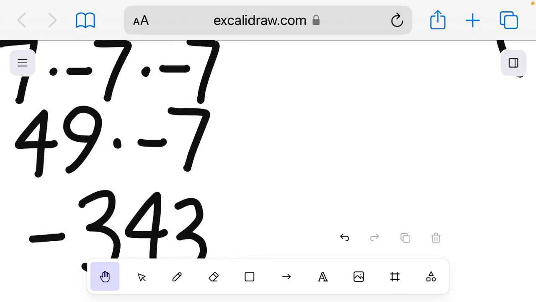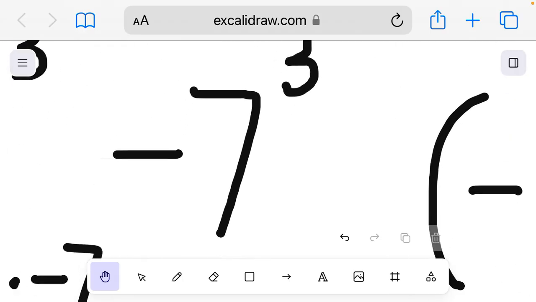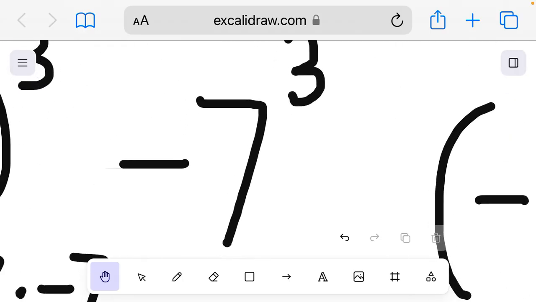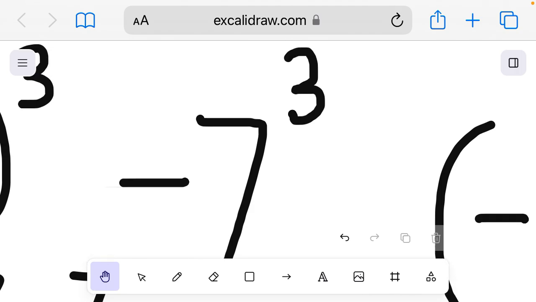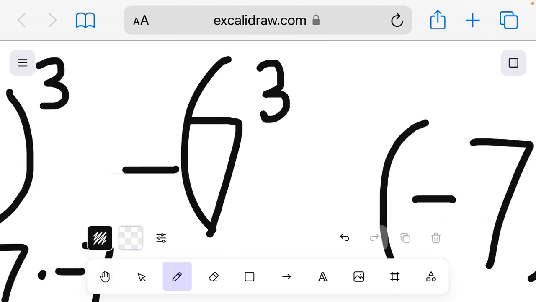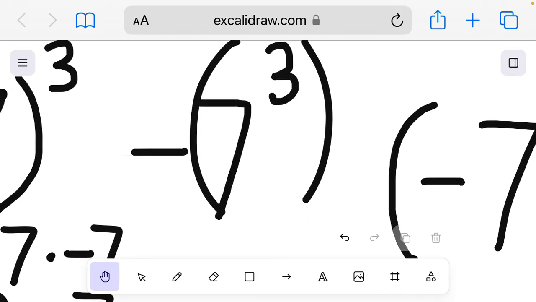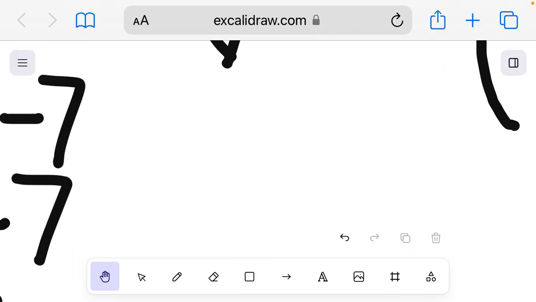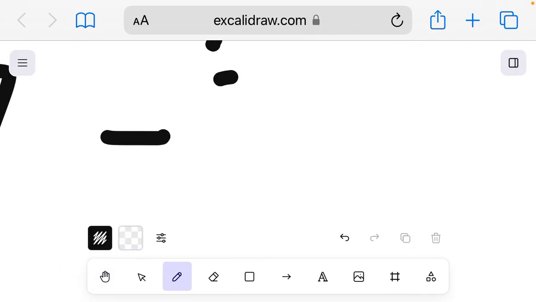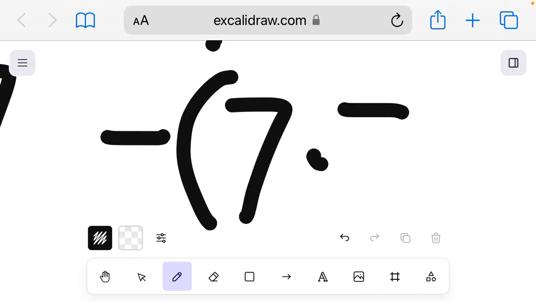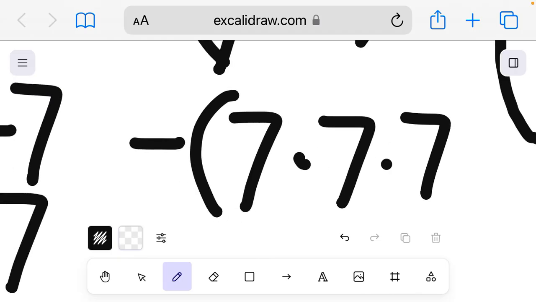Now, let's move on to the next one. We have the negative of 7 cubed. So you have to think like this. We have the negative sign, and we have 7 times 7 times 7.